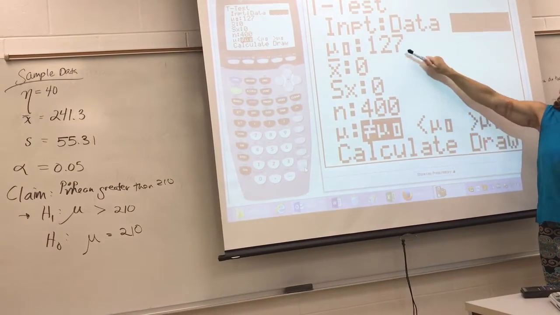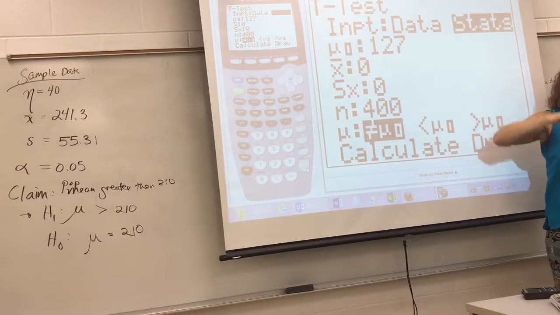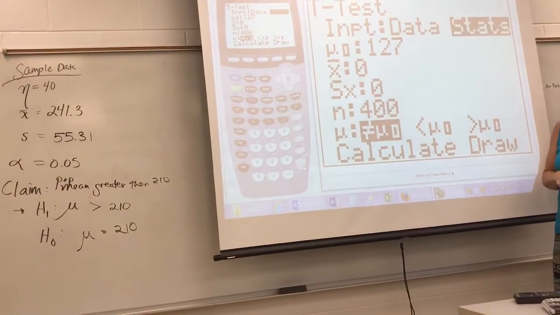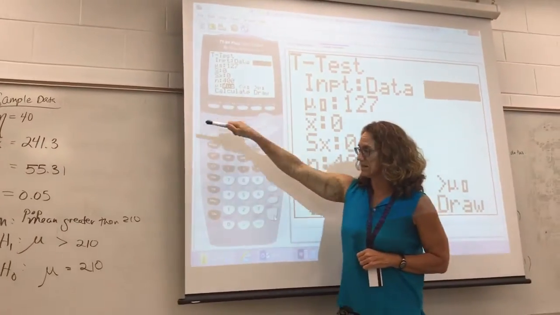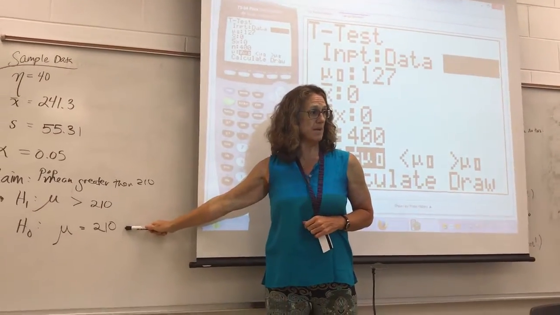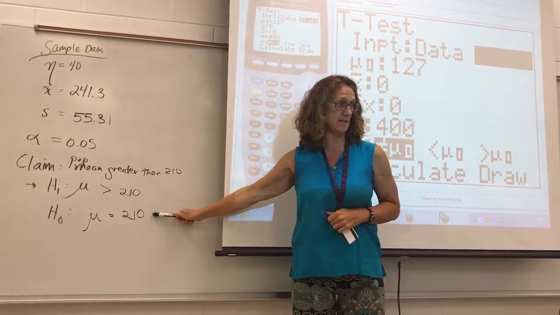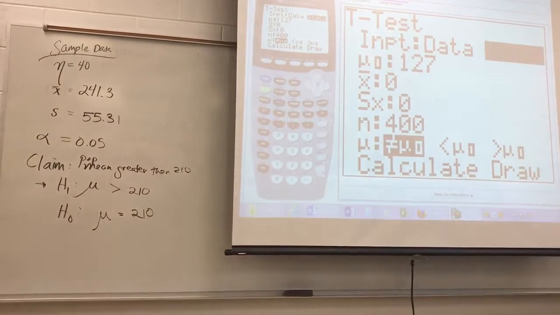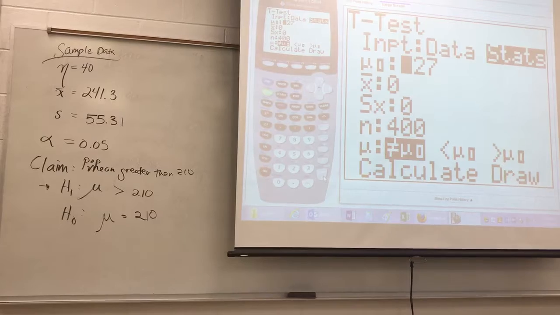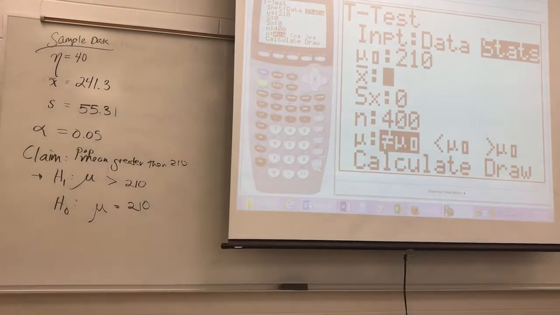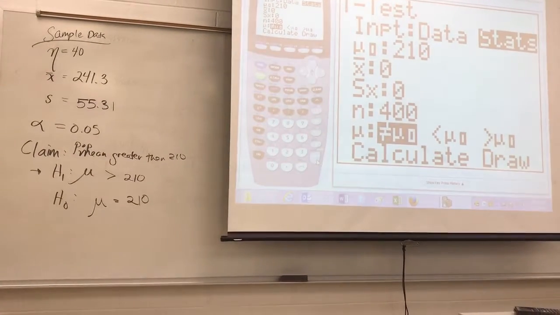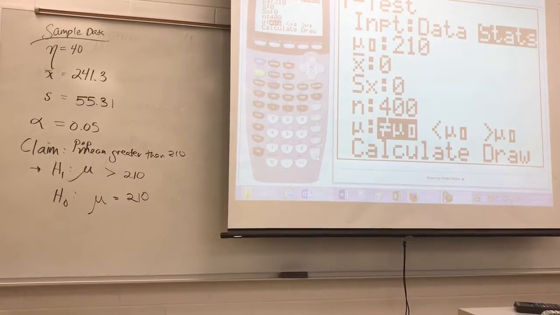Okay? Now first of all, mu sub 0, just like p sub 0 in testing about a proportion, that's the mean in the claim and in the null hypothesis. So that's 210 in this case. That's what we call the hypothesized mean. That's what we're assuming it is for the purposes of calculation. And then x bar is 241.3.